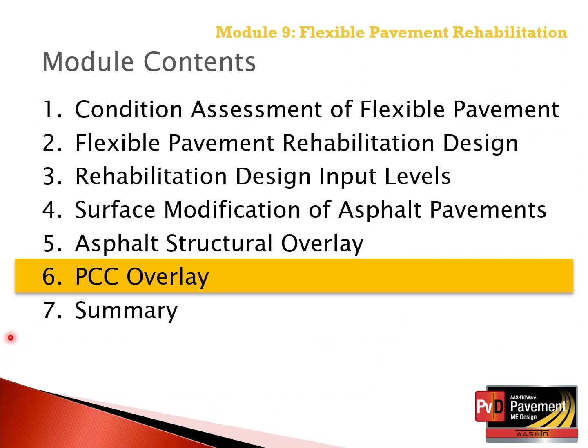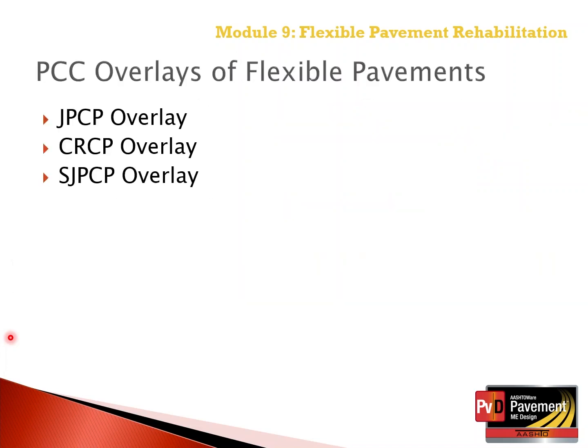So now we'll move to the next section on Portland cement concrete overlays of the flexible pavements. And there are three types. The three types are jointed plain concrete overlays of flexible pavements, continuously reinforced concrete pavement overlays of flexible pavements, and then short jointed plain concrete pavement overlays of flexible pavements.